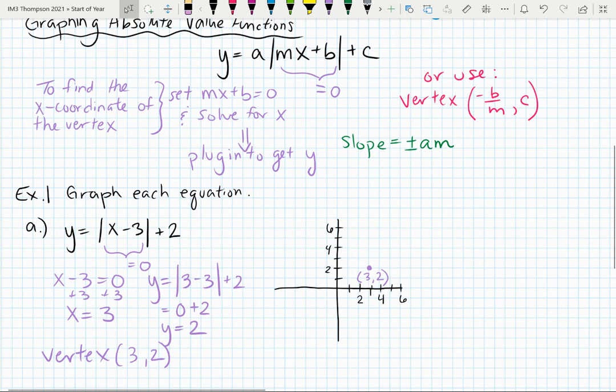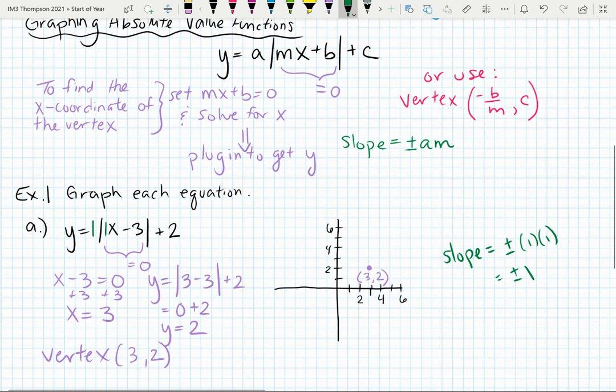So when I'm talking about a, I'm talking about the number in front of the absolute value. When I'm talking about m, it's the number in front of x. Well, I don't have either in this case, which means that they're each going to just be 1. So when I'm looking at my slope, I have plus or minus 1 times 1, which is just 1. So I'm going to use that to count.